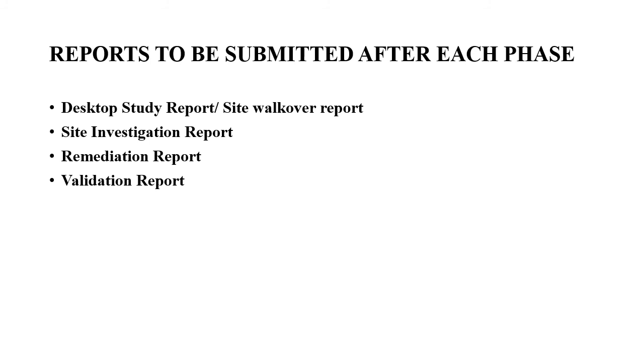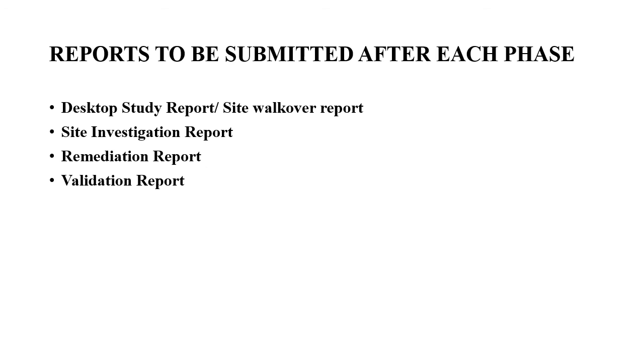Then you have to write down how you are going to collect the necessary samples from this site, because now you know the possible contaminants, their pathways, and their possible sources. So you will have a vague idea about the extent of contamination.